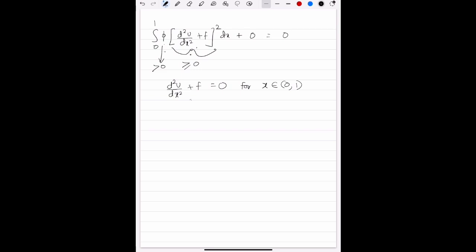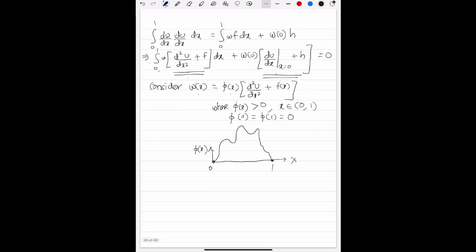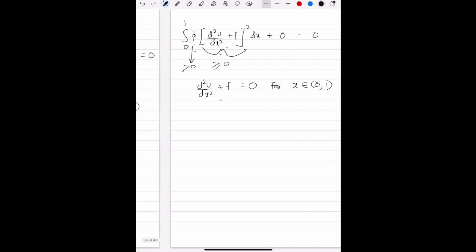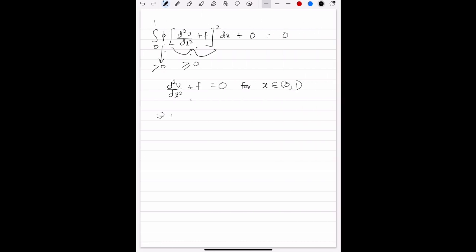Now when we substitute this particular equation into this integral equation over here, the first term is going to vanish, and all we are left with is that w of 0 multiplied by du by dx evaluated at x equal to 0 plus h is equal to 0. Now we know that this must hold true for all functions w belonging to the test function space.